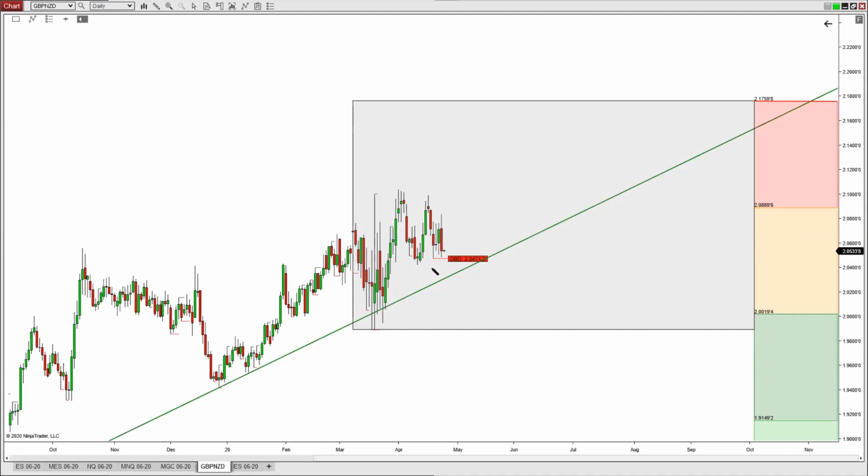But either way, I'm stuck within this range. So what is happening, or what should be happening at least, is there's a range in effect, okay? And you've probably heard a million times, buy the lows, sell the highs of a range. So until we break out of the highs or lows, I believe we're just going to be stuck in this range. Now, how do we determine where the supply is?